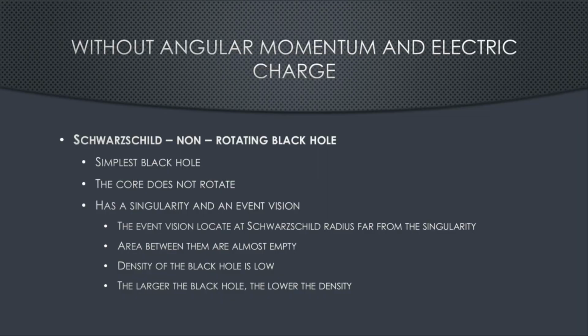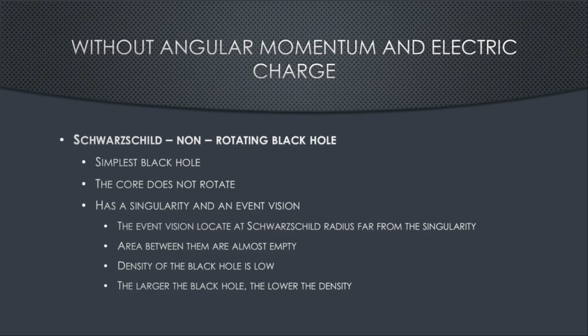So the first one is without angular momentum and electric charge. This type of black hole is called the Schwarzschild non-rotating black hole. It's the simplest black hole and the core does not rotate. It has a singularity and an event horizon.